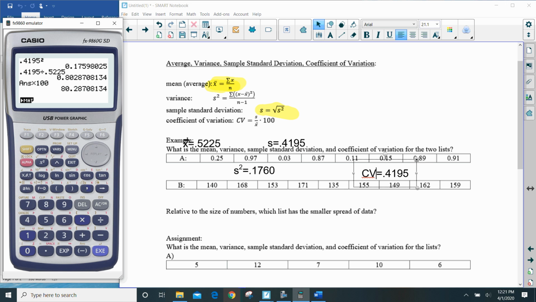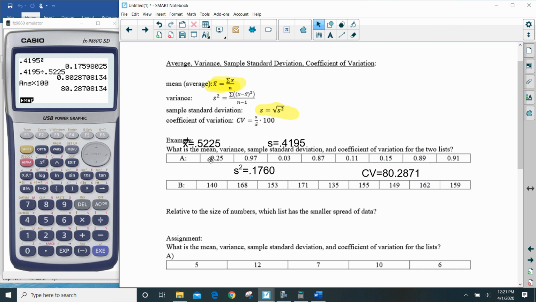And so the coefficient of variation is 80.2871. All right. So we have all of these different values that we have created.